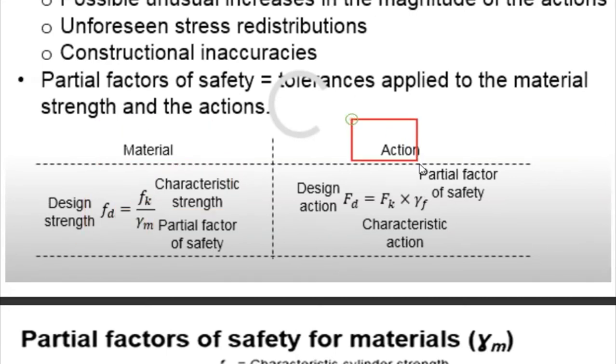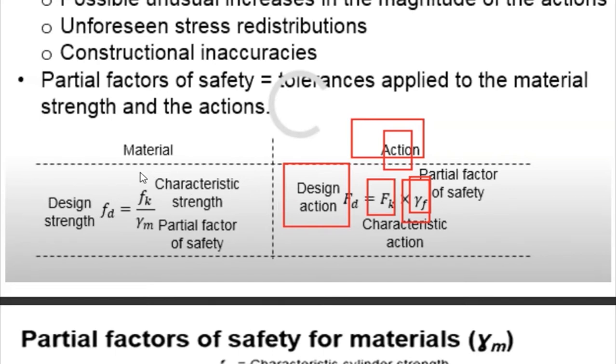But in terms of force or actions, the design load is the characteristic value times the partial factor of safety. That's why we say, let's say, 1.4 times Gk or 1.6 times Qk. So in terms of force, you multiply. In terms of material, it is the ratio, or dividing.